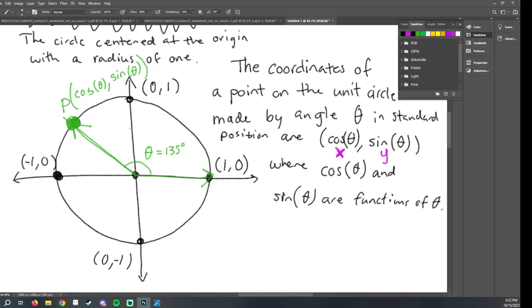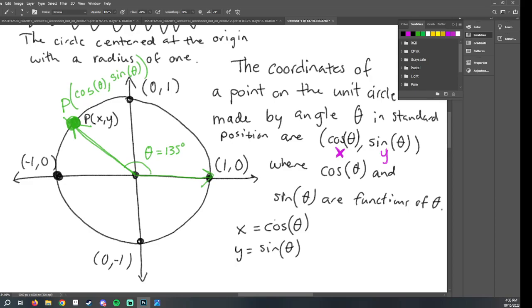If we think about this point P as the point xy, like if its coordinates are x comma y, then x equals cosine theta and y equals sine theta. Sometimes people draw these without parentheses. It's a good idea, at least when you're getting started, to always include the parentheses to remind yourself that these are functions, right? Cos theta is not just a magical four letters that you write. Cosine of theta is the function cosine with the variable theta plugged in.